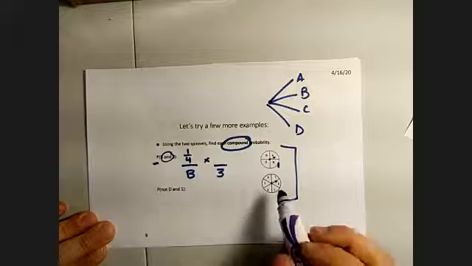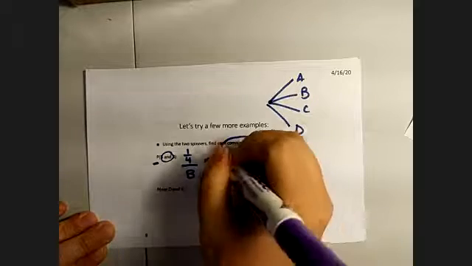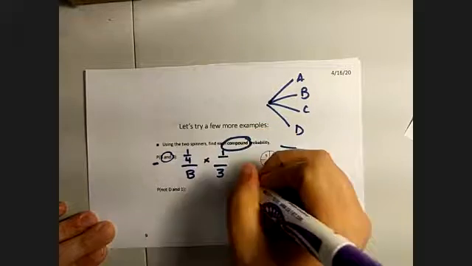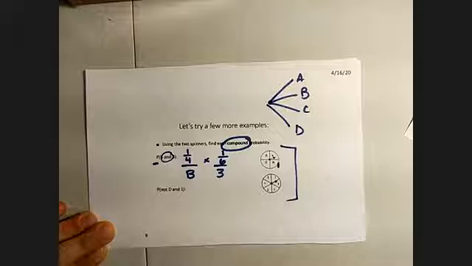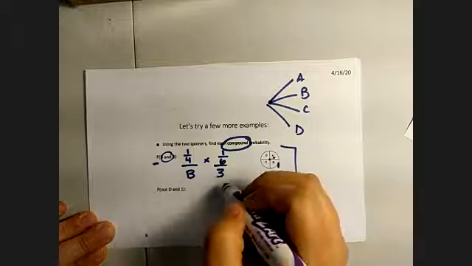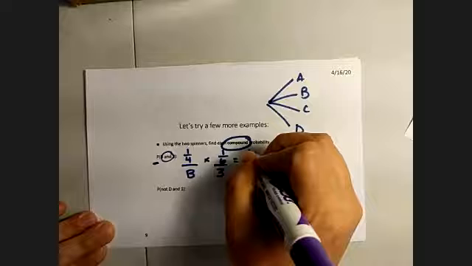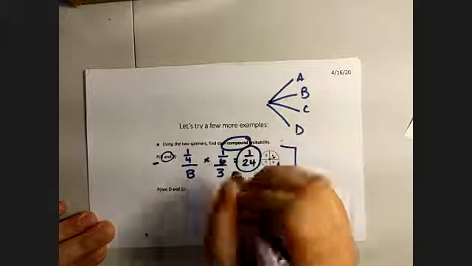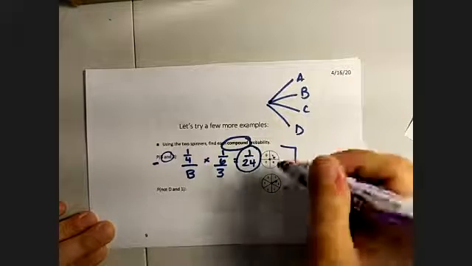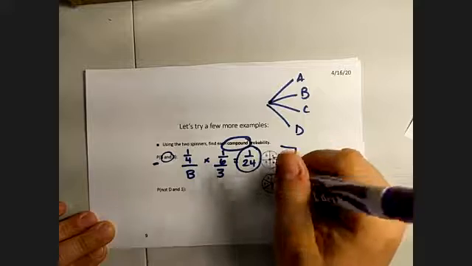And the probability that it's a 3, when I look at this, is 1 out of 6 possibilities. So if I multiply this through, there's 1 out of 24. There's a 1 in 24 chance that if I spin both these spinners, I would get a B and a 3.